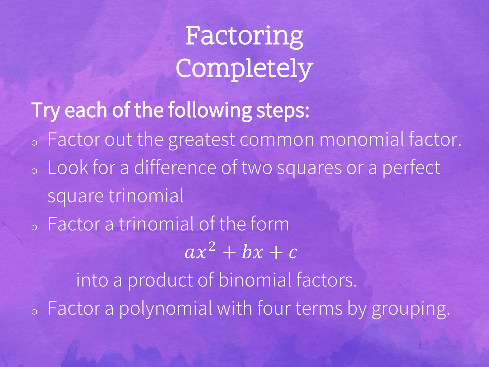Or the more challenging one, when this a value in front of x squared is a number that's not equal to 1. If that's the case, then you'll factor it by turning it into 4 terms and factor by grouping. These are just suggested steps that you can follow. You may not necessarily do every single one of the steps. It all depends on each individual problem.